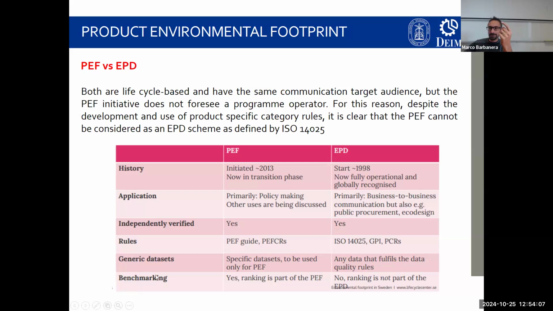The other main difference between the EPD and PEF scheme is that in the EPD system, we calculate absolute environmental scores, absolute environmental indicators, but it's not possible to define a rank for our product from an environmental point of view.